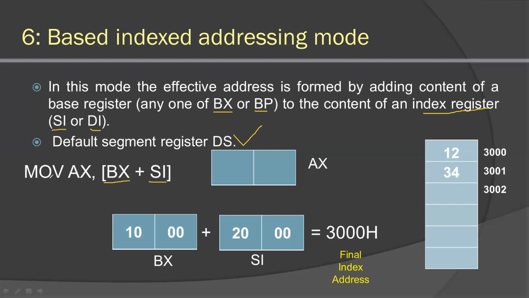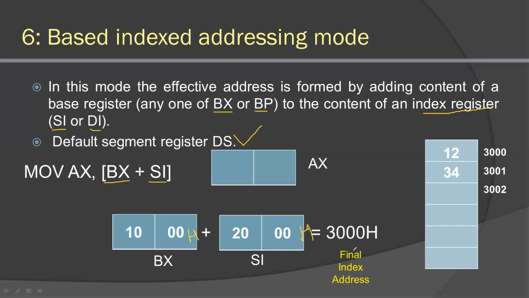Now in this example is move AX, comma, square brackets BX plus SI, means to form final effective address, what we need to add these two values. Now BX value we have considered as 1000h. H means all these values are in hexa, and SI value is 2000h.